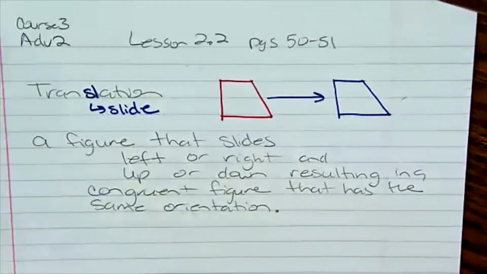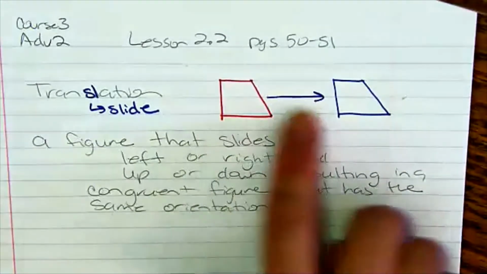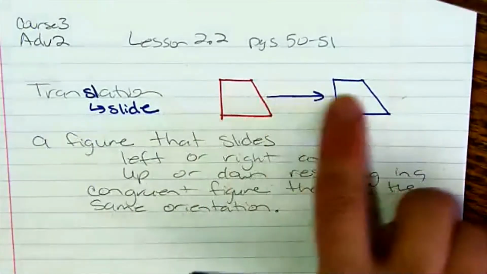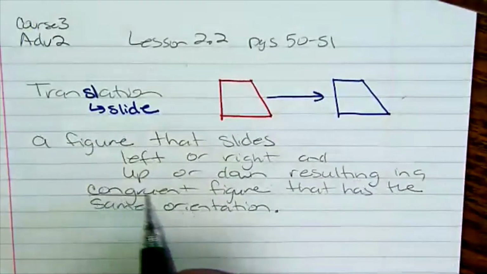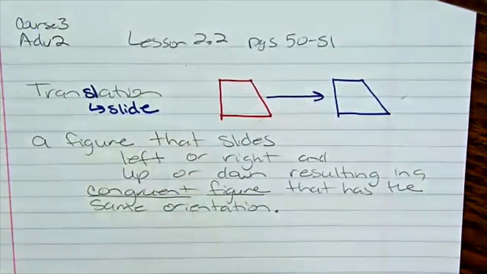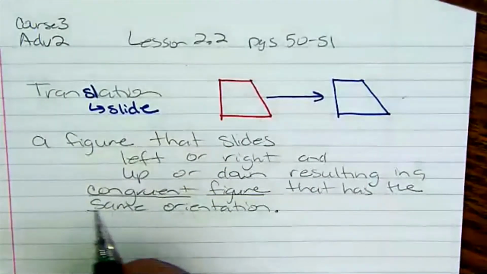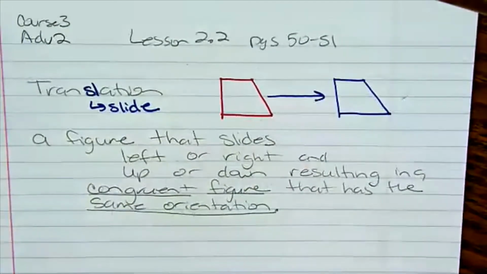So what does that mean? It's a figure that slides left or right and up or down, resulting in a congruent figure, same size, same shape, that has the same orientation, is going the same direction.